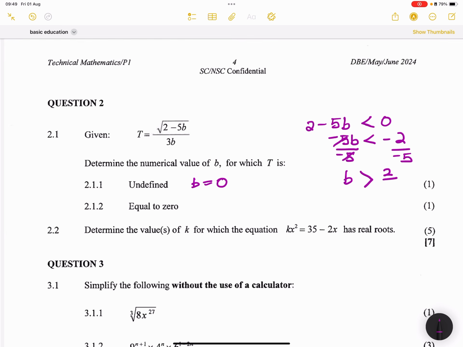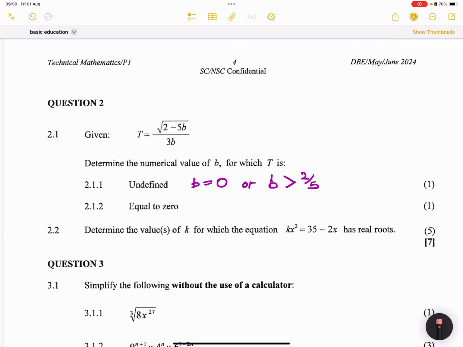So it will be undefined if the value of b is greater than 2 over 5. So those are the two expressions when it would be undefined.